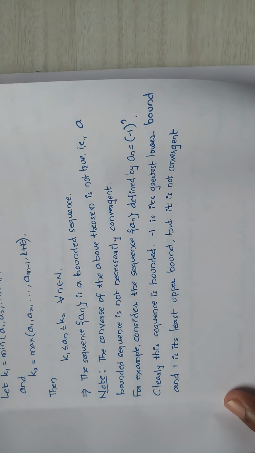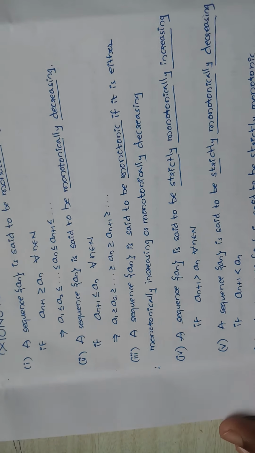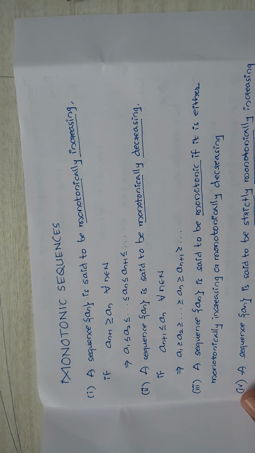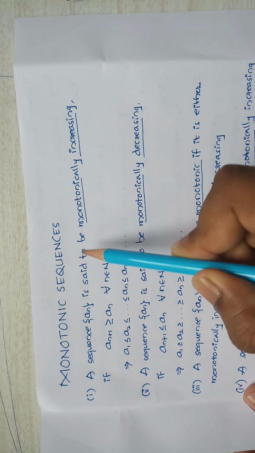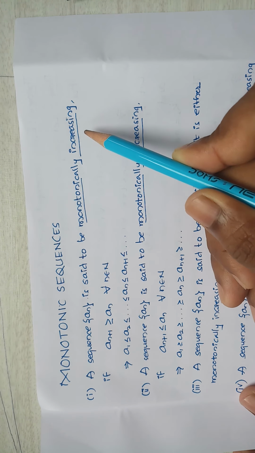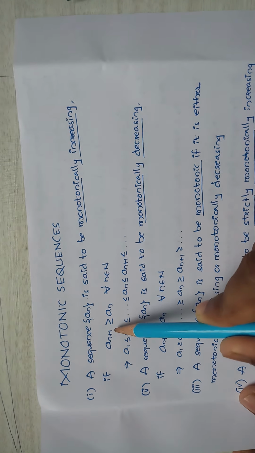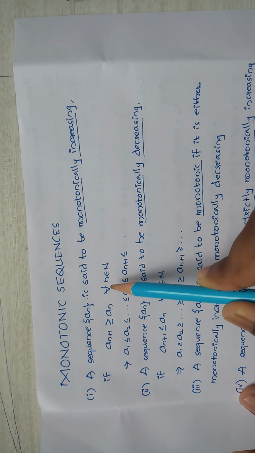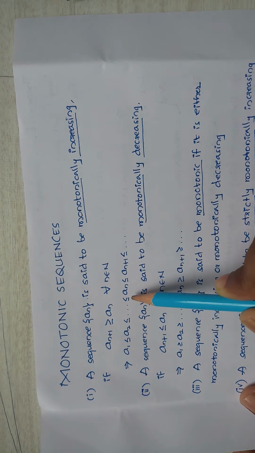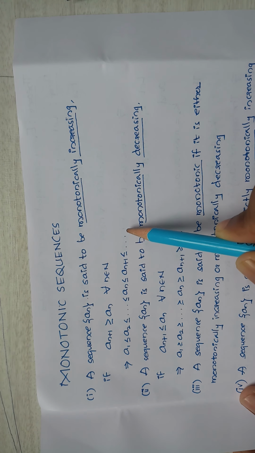So next is the monotonic sequence. A sequence a_n is said to be monotonically increasing if a_(n+1) is greater than or equal to a_n for all n belongs to N. That implies a_1 is less than or equal to a_2, less than or equal to a_n, less than or equal to a_(n+1), and so on.